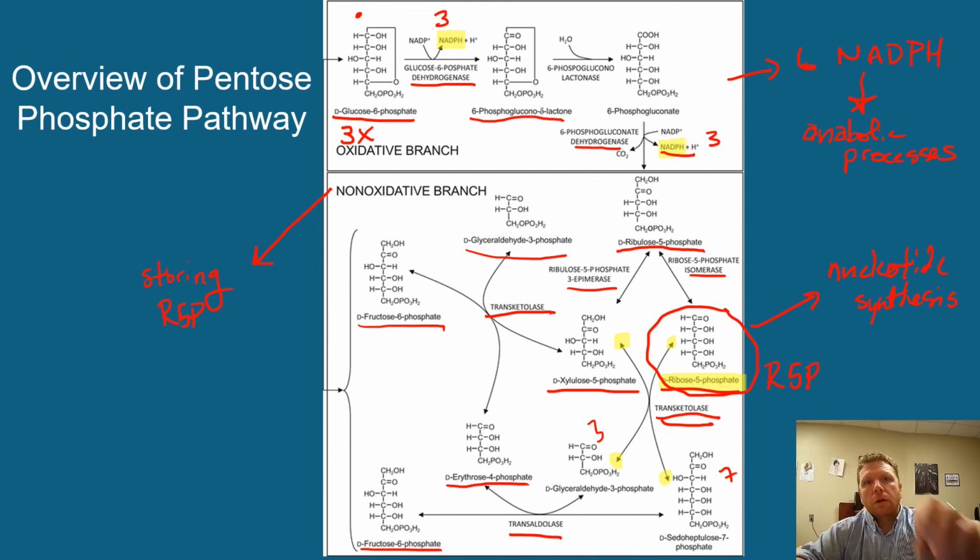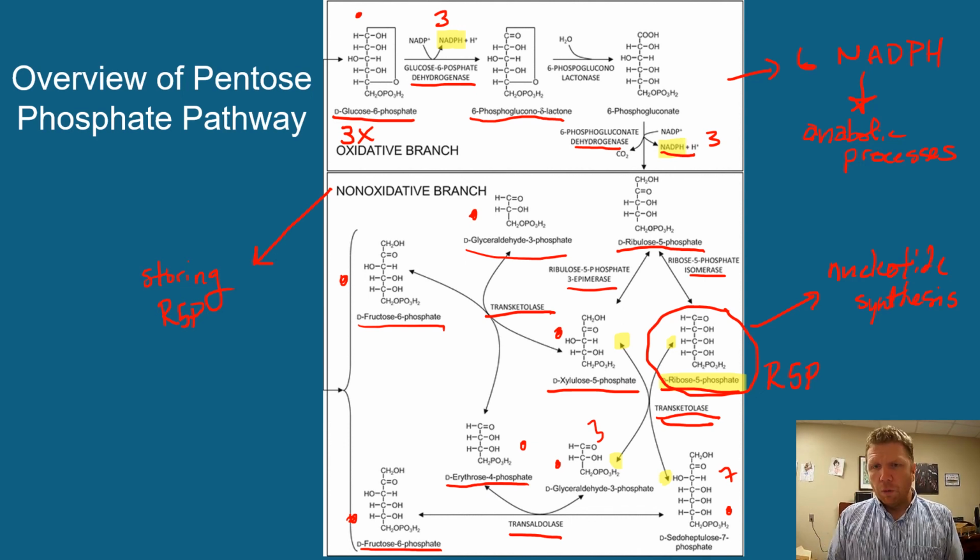So you have sequestered all of the carbons that are in our ribose 5-phosphate in so many different molecules. Simply by inputting our ribulose 5-phosphate, we're able to maintain glyceraldehyde 3-phosphate, fructose 6-phosphate, erythrose 4-phosphate, fructose 6-phosphate, glyceraldehyde 3-phosphate, sedoheptulose 7-phosphate, and xylulose 5-phosphate.